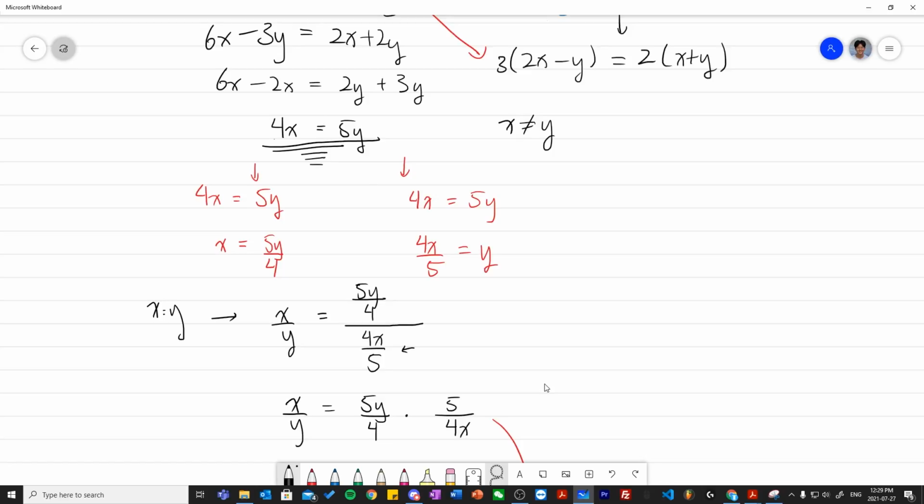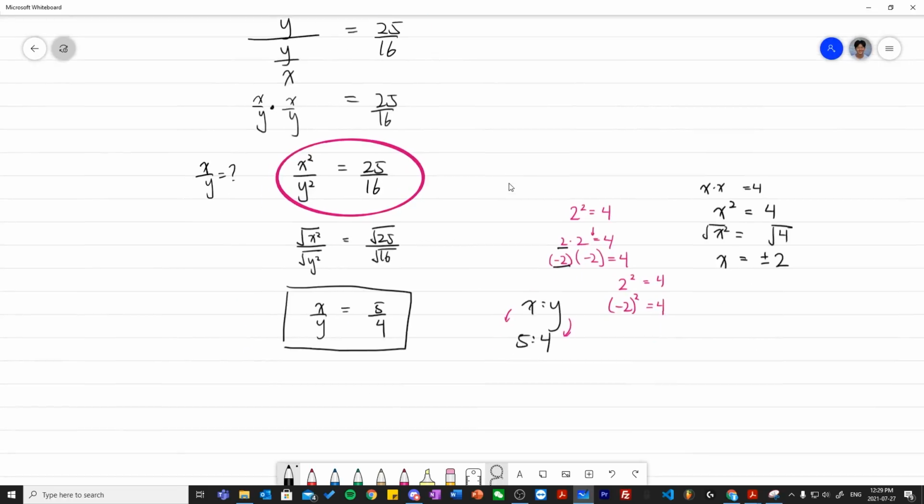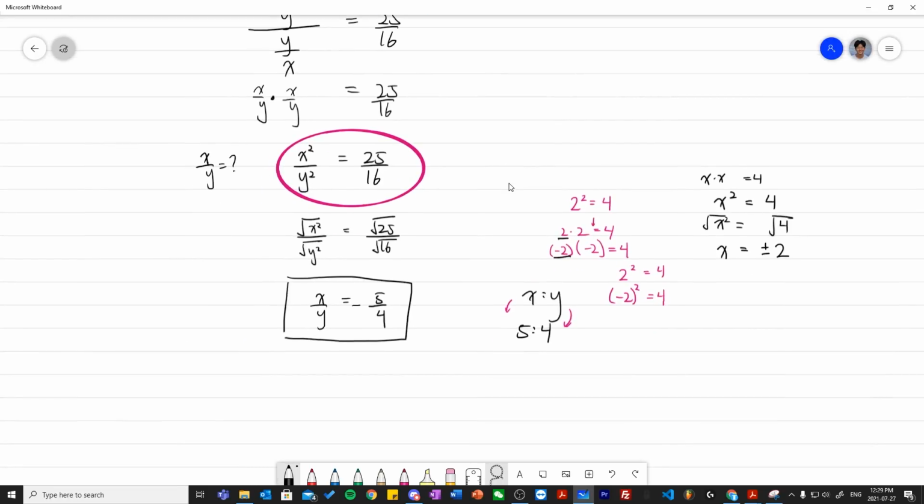So here's the thing about math: sometimes you really have to look out for things like this. You might get lost in your work and say, oh, this could be plus or minus 5 over 4. So x could be +5 or -5, y could be +4 or -4.